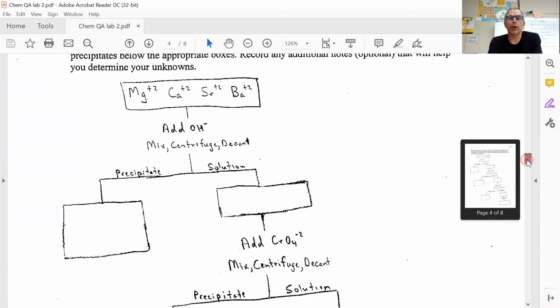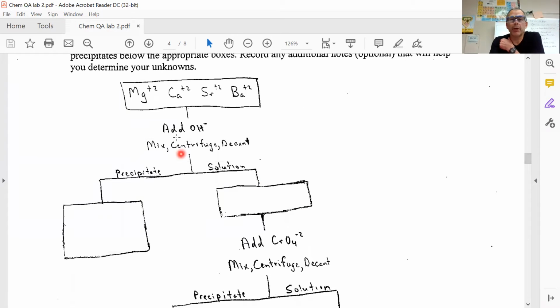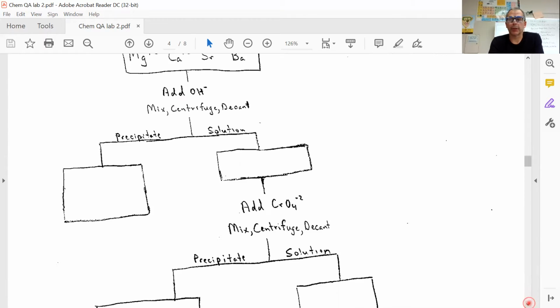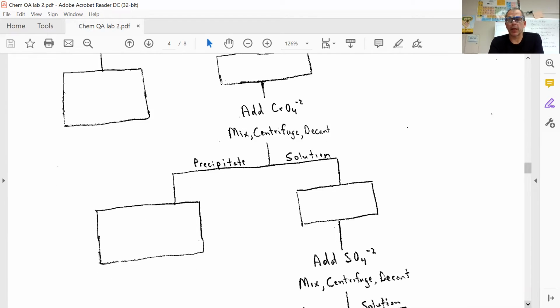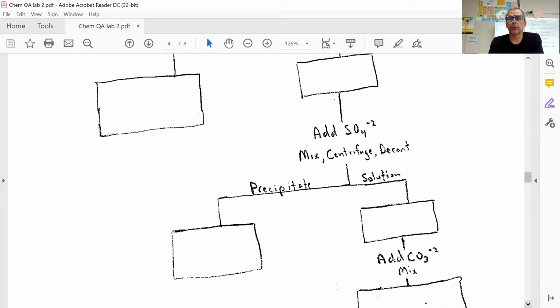Just our flow chart. The first thing I'm going to do when I go off screen is add OH minus and look for the precipitate that would form here. Then my next reagent is CrO4 minus 2, looking for the precipitate that should form here. Then the next reagent I add is SO4 minus 2.